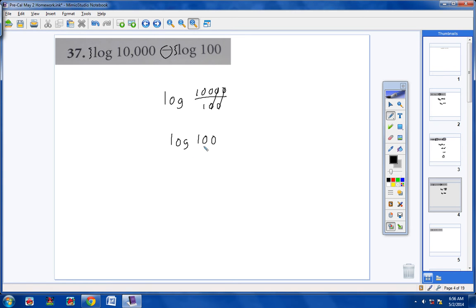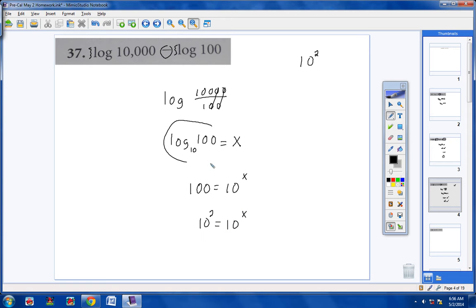Take a look at 37. As soon as you realize you have a base 10 and you realize 100 can also be written with a base 10, and what I mean by that is 10 squared is 100, as soon as you realize that, you want to go ahead and take it further, and so set it equal to x, and then write 100 equals 10 to the x, and then of course 100 is the same thing as 10 squared equals 10 to the x, and then obviously x equals 2.